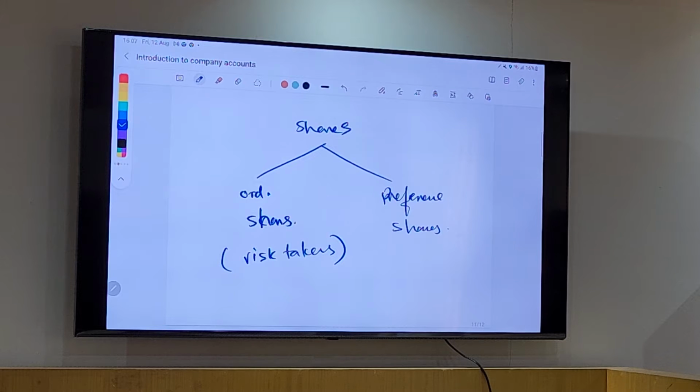Who are these preference shareholders? In a company, you are coming up with a new project. I need $10 million. But it is not fair, not practical to issue ordinary shares now. We need money quickly. So you go for this type of issue of shares. You say, brothers, we will give you a fixed return, 7%, same like interest.